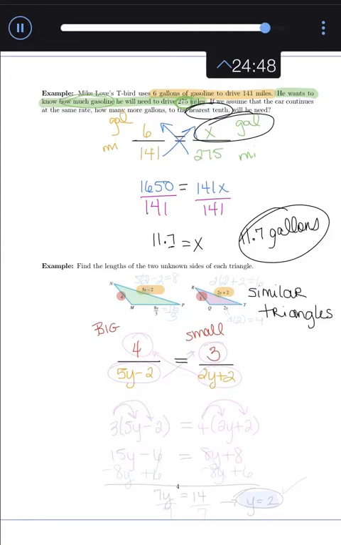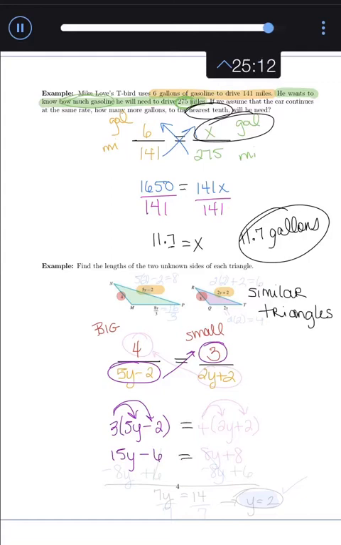How do you solve this? The same as before, cross multiply. So the first thing, we're going to do the 5y minus 2 times the 3. That means the 3 has to get multiplied by all of the 5y minus 2, we're going to distribute, which will give us 15y minus 6. Okay, that's only half of our proportion.